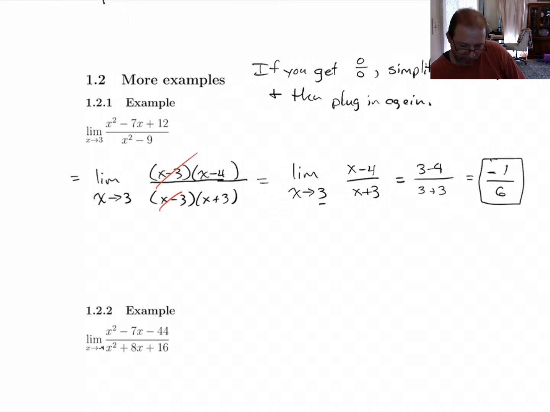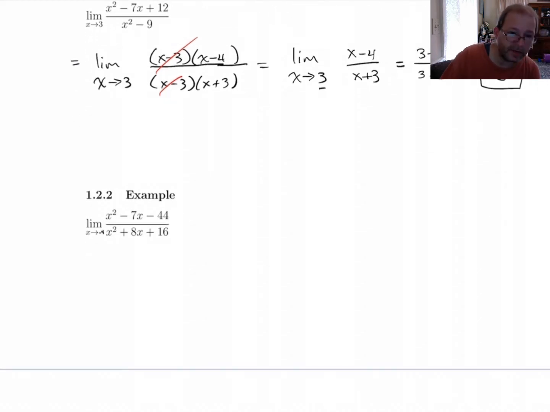All right, let's do this next one. This next one is the limit as x goes to negative 4. It's drawn in kind of small there, but x is going to negative 4 of this expression. Now, the first thing you want to do on all of these is plug in the number.